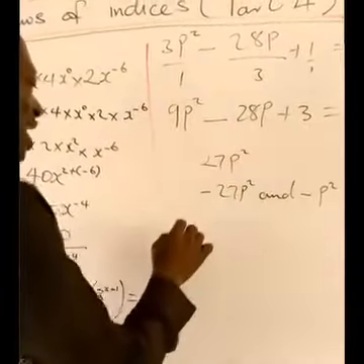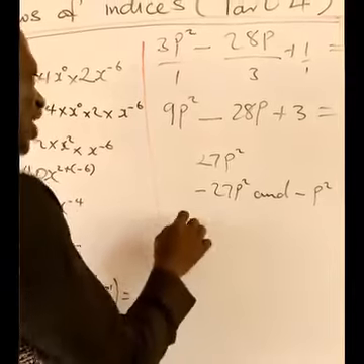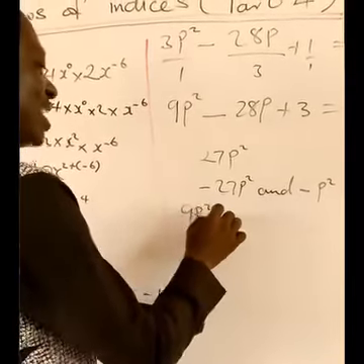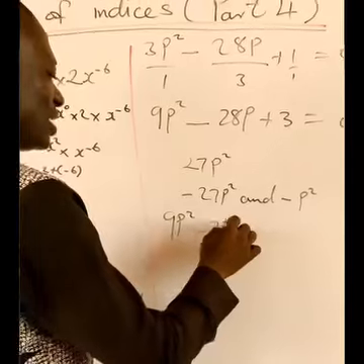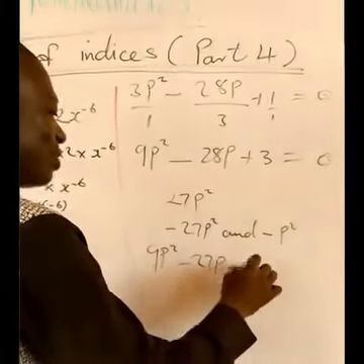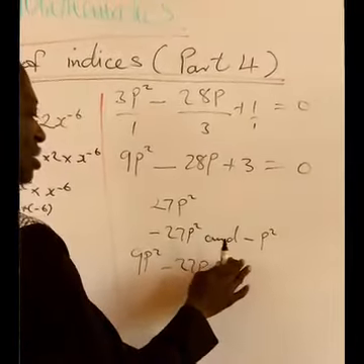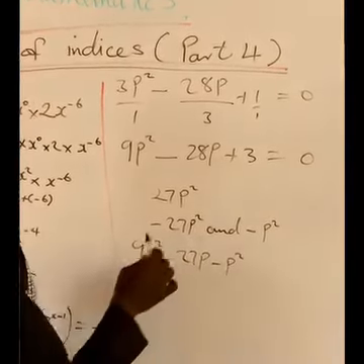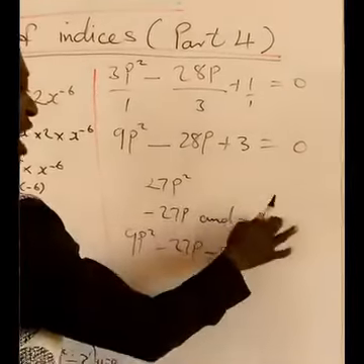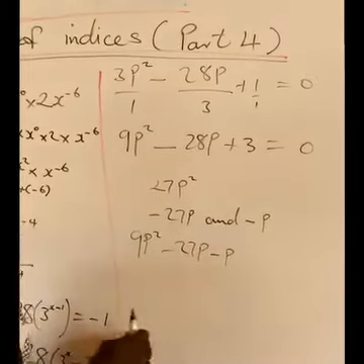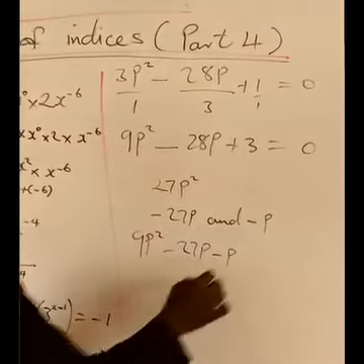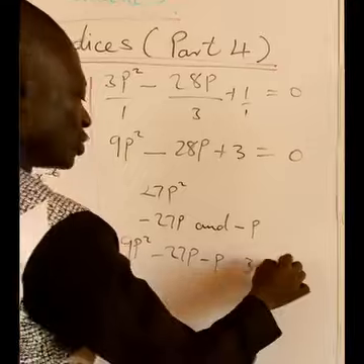And so we replace the middle term, which is going to be 9p squared minus 27p minus p, plus 3 being equal to 0.